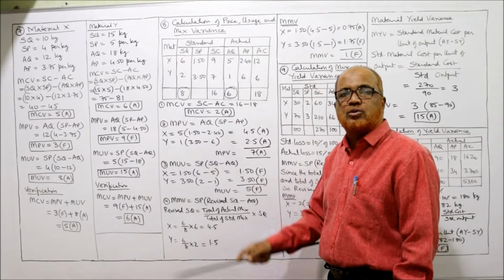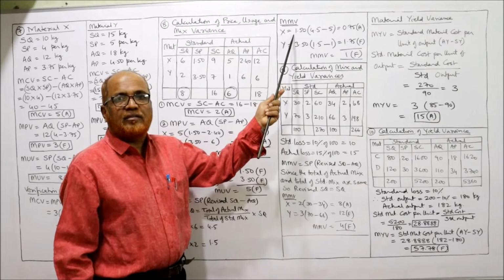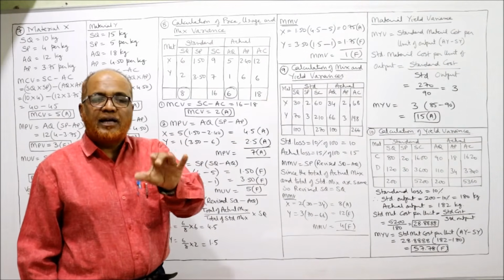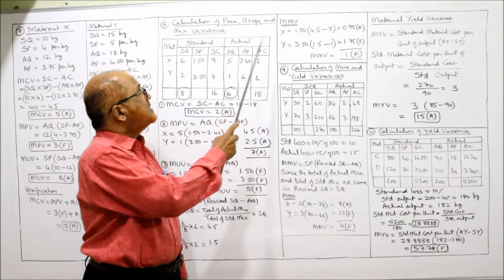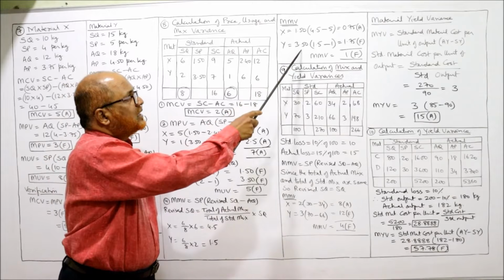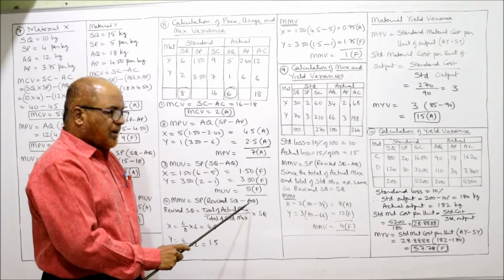Now we substitute in the formula of MMV, material mix variance. The formula is SP into revised SQ minus AQ. So how much is the SP here? 1.5, 3.5. So I have taken 1.5, 3.5 into revised SQ minus AQ.